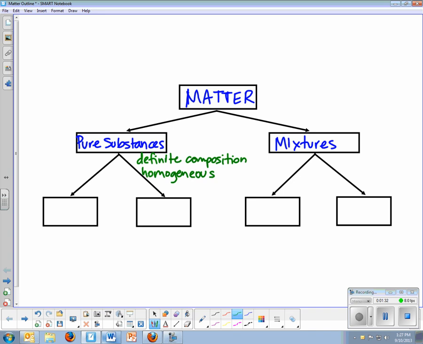Mixtures, on the other hand, have what we call variable composition. Variable meaning change, that they're going to be made up of different amounts of everything, and 2 mixtures of the same thing might have different amounts of different things in them as well.